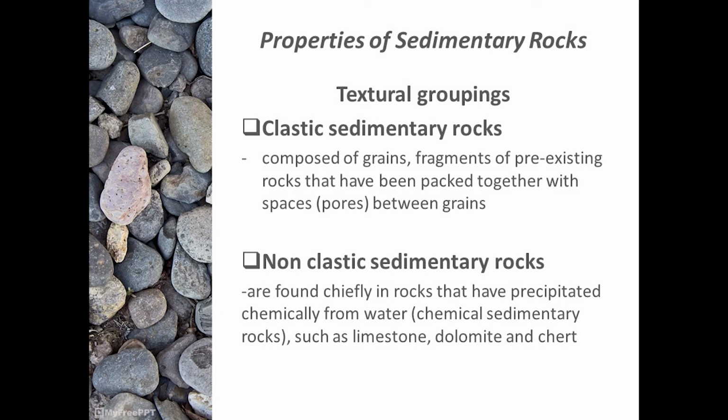Clastic sedimentary rocks are composed of grains, fragments of pre-existing rocks that have been packed together with spaces between grains. Non-clastic sedimentary rocks are found chiefly in rocks that have precipitated chemically from water, such as limestone, dolomite, and chert.